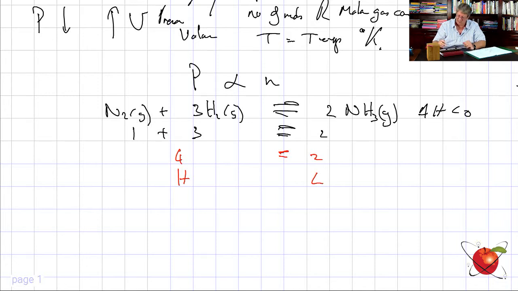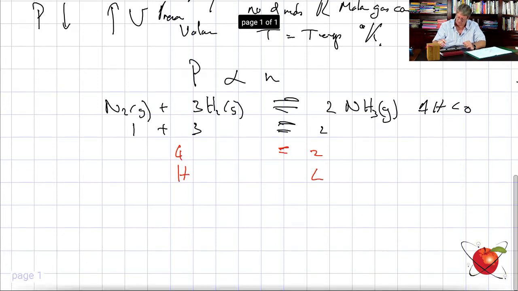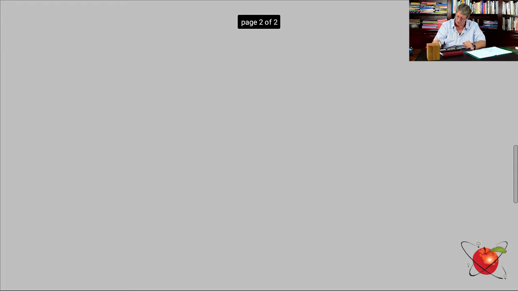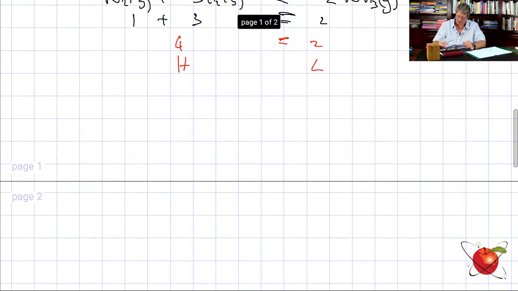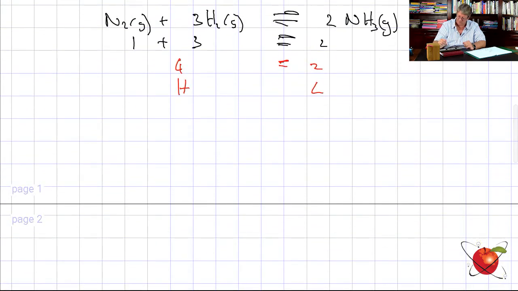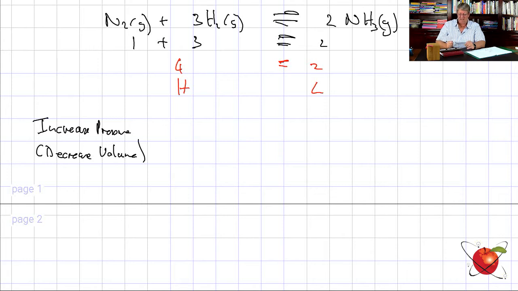Now, let's increase the pressure then, shall we? What did we say if we increase the pressure? We increase pressure, which means we decrease volume. If we do that, what happens?